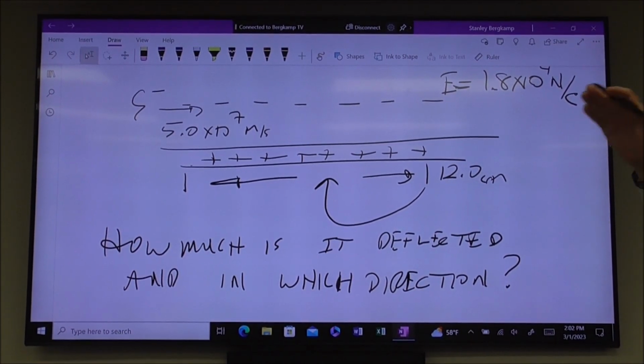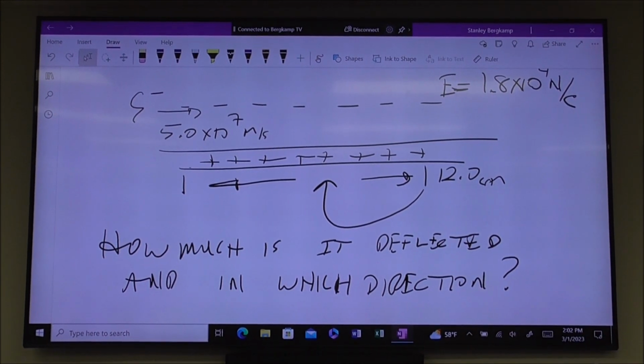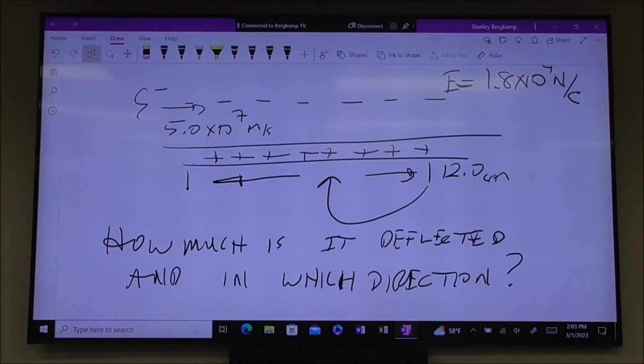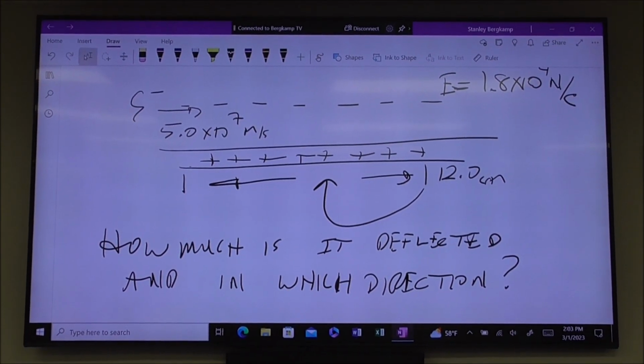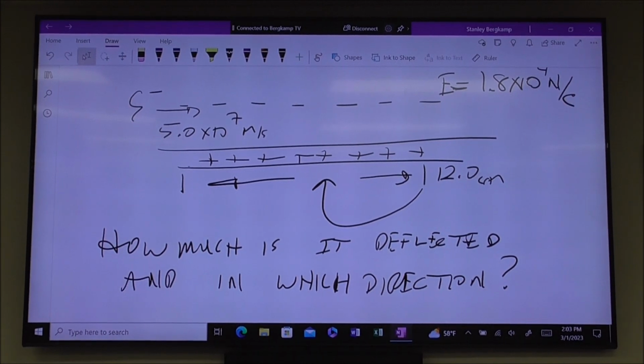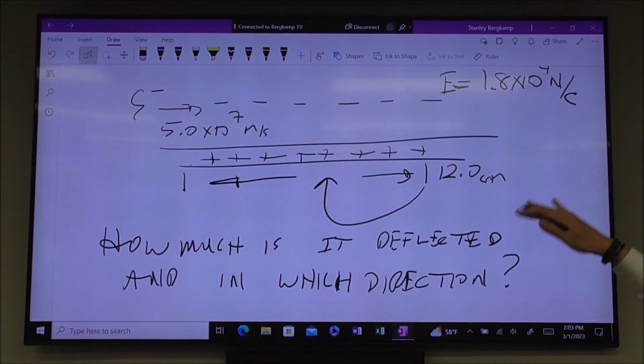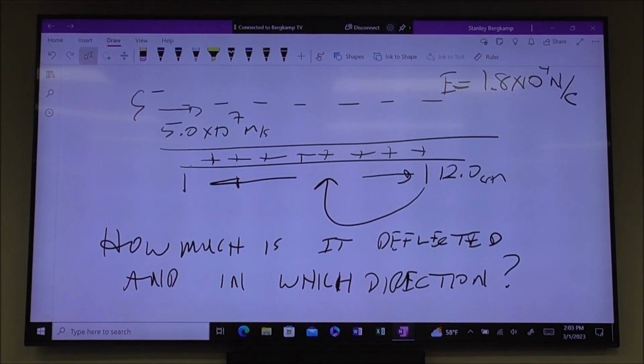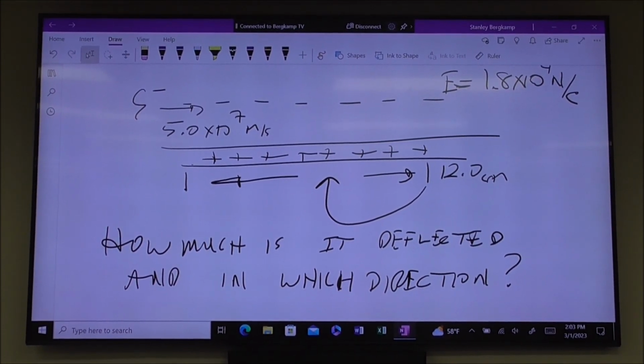But because it's an electron, the path is going to be downward. So then is that our x component? That's the x component, and the y component will be your acceleration. You can find your velocity.